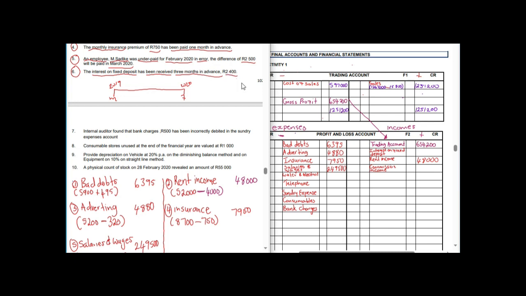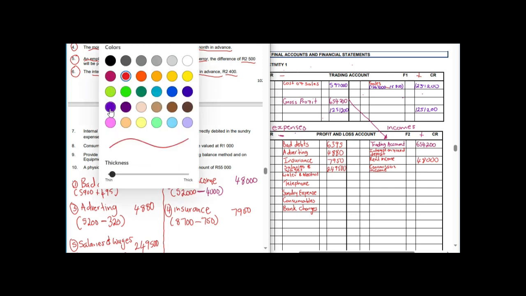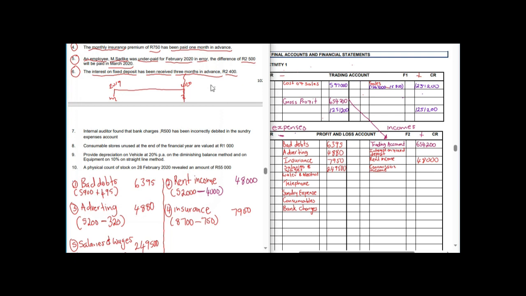meaning it was above our financial year. It's above our financial year, meaning 3 months in advance. It was March, April, as well as May, meaning all these months need to be subtracted.